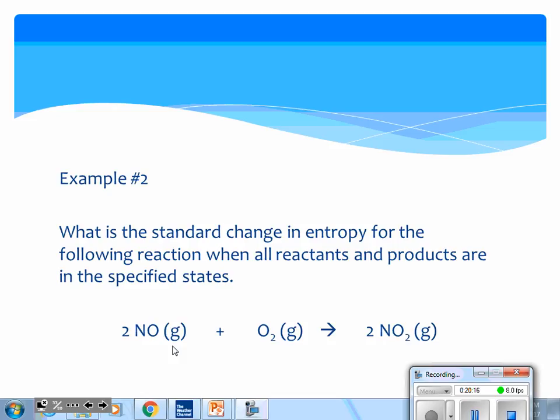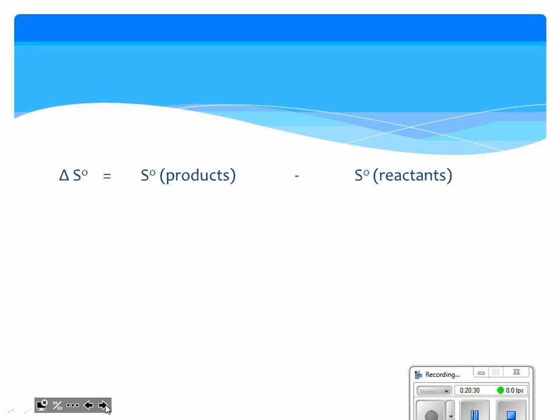I'm becoming more ordered because I'm going from 2 to 1. Now, what we're going to see, people, is that we're going to take the change in the standard entropy. Once again, it's just going to be the standard entropy of the products minus the standard entropy of the reactants.